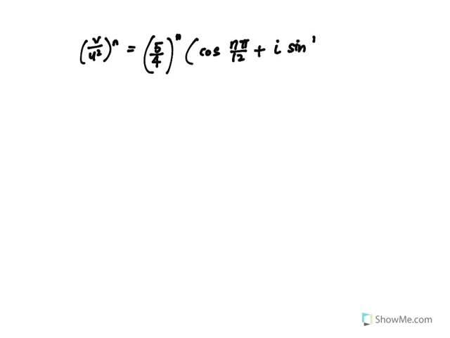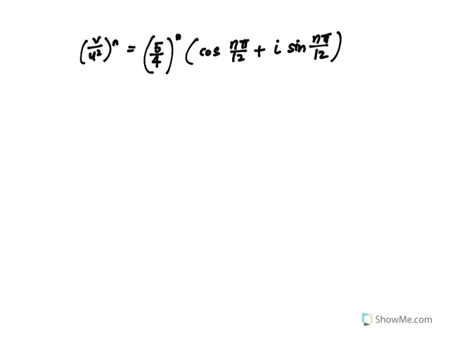Next, find the smallest positive integer n such that the point representing V over U squared, to the power of n, lies on the negative imaginary axis. Since we have found the modulus and argument of V over U squared, we can write it in polar form. We want it to be imaginary, meaning the real part is 0.